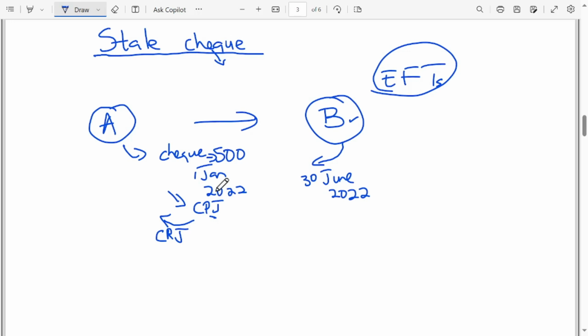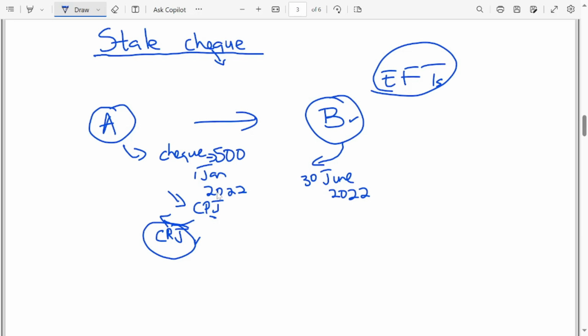So once it has stayed for 6 months, we have to cancel it, in a CRJ, because it has expired. We are cancelling it because it has expired. That is what we do. That is a stale check.